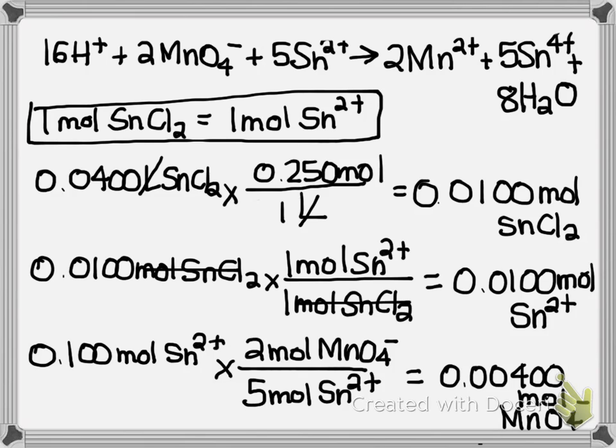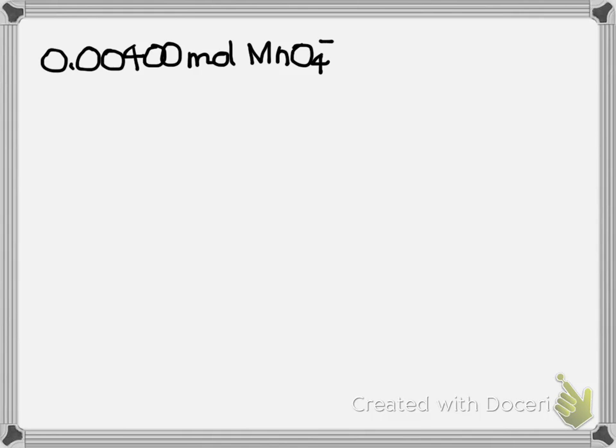Now, I'm going to turn the page and rewrite that number. So I have 0.00400 moles of the permanganate ion. And I'm looking, though, for potassium permanganate.